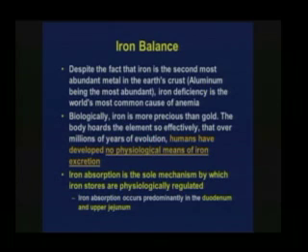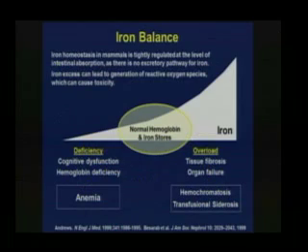Now, iron is normally absorbed in the duodenum and the upper jejunum. So since we regulate iron absorption, iron excess, of course, can lead to generation of oxygen species, which can cause toxicity. So here's our normal body stores.